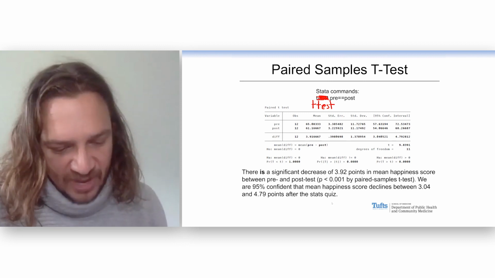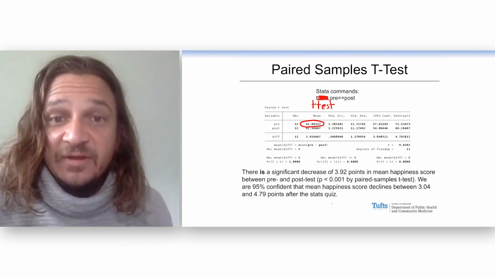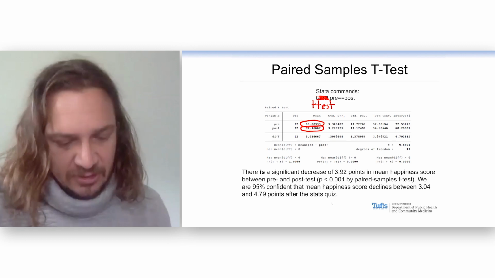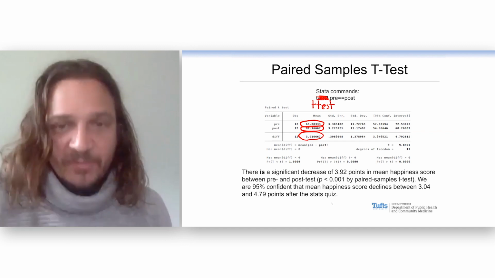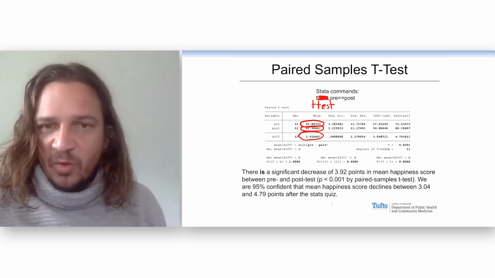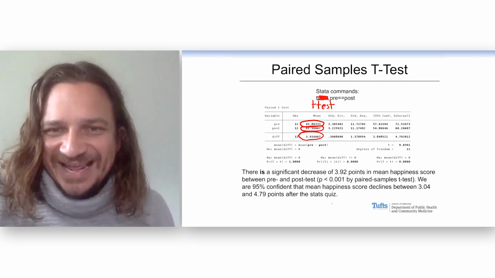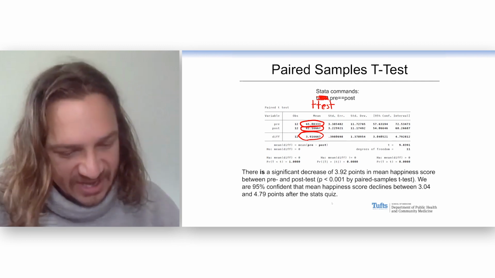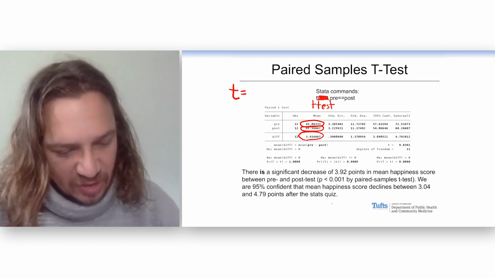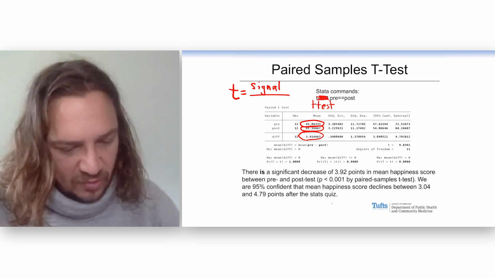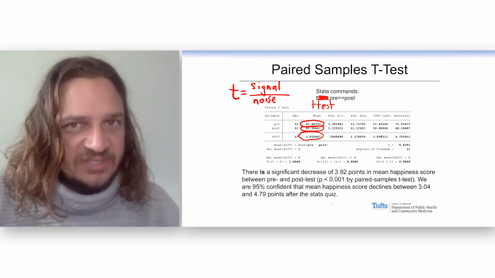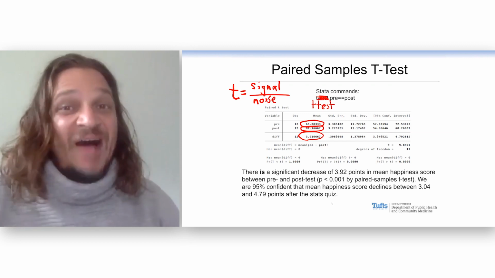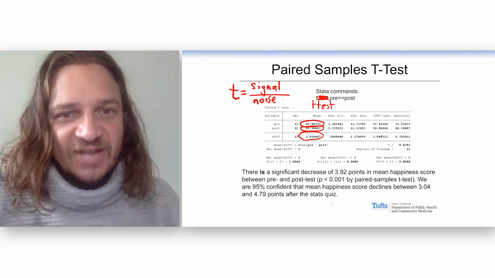Now, the pre, we saw it was 65. The post was 61. And that difference is 3.9. So when we think about the T statistic, remember what T is. T is a ratio of signal to noise, or it's the difference that we observe relative to how much things would bounce around by chance alone.